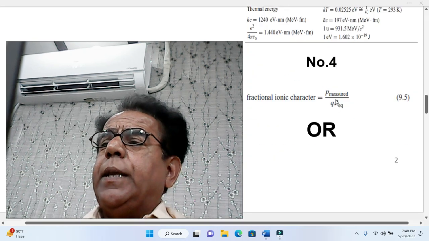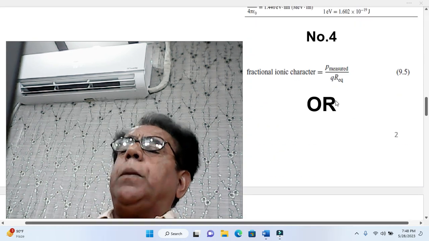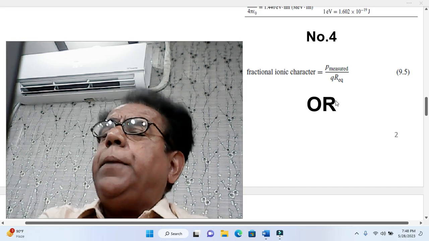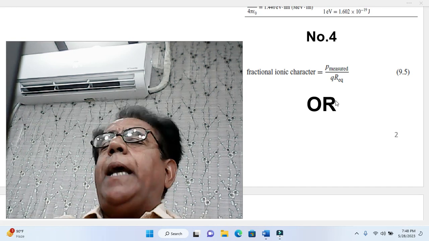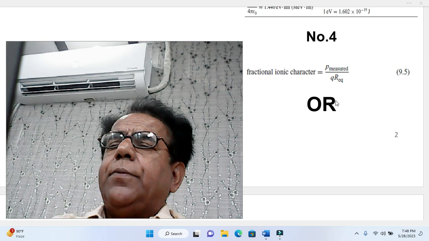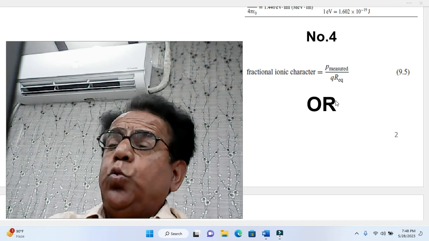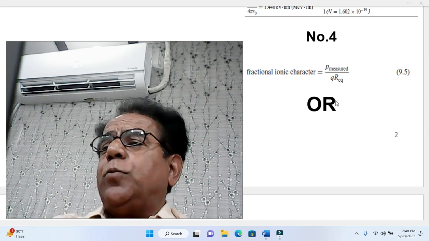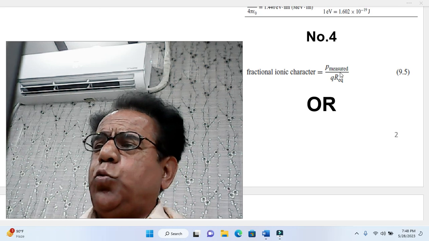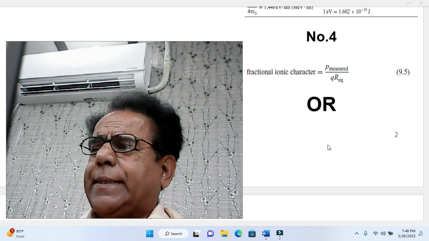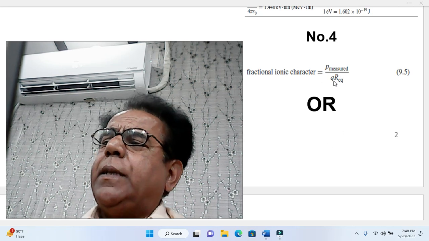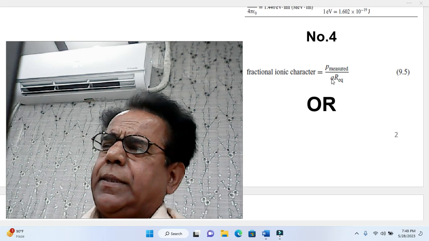Okay, now helping tool number 4, and this tool has been given once again in two versions. Okay, this is first version of this tool, and then the next version of this tool will also be almost same thing.